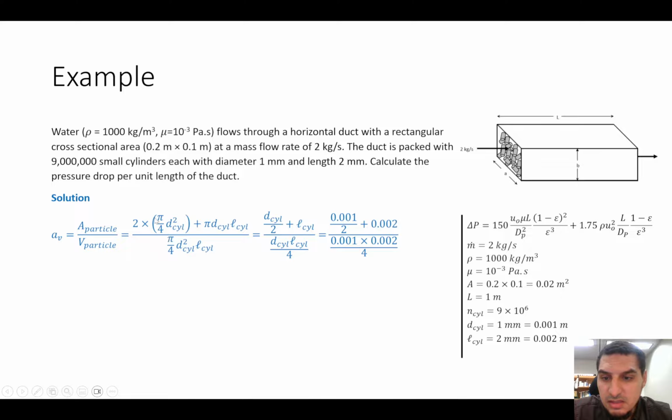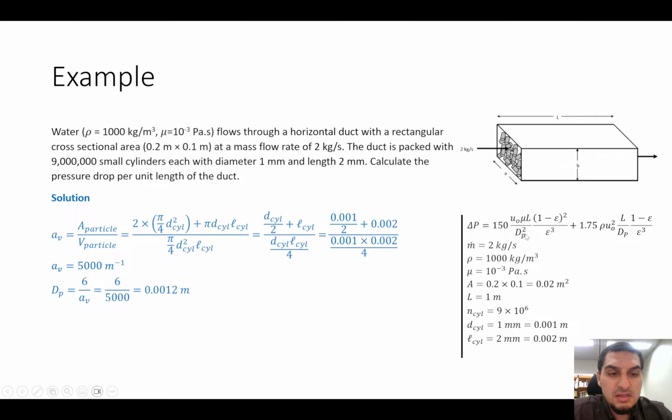We can cancel the d square with the diameter and the diameter. So it can be in this simpler form. And by substitution, we can calculate the specific surface area of a particle, and the effective particle diameter is 6 over the specific surface area. So this is the first term that we didn't know how to calculate. So we are done with this.